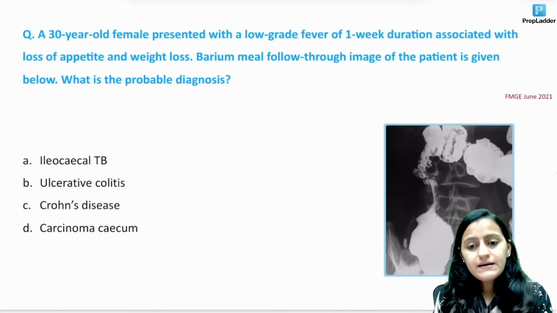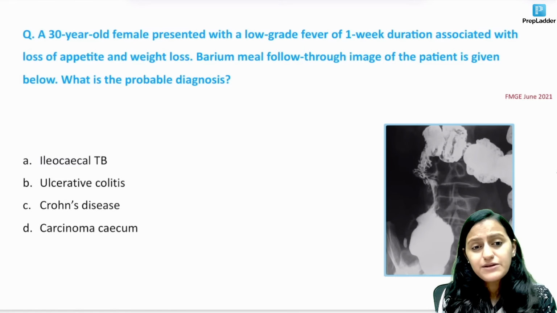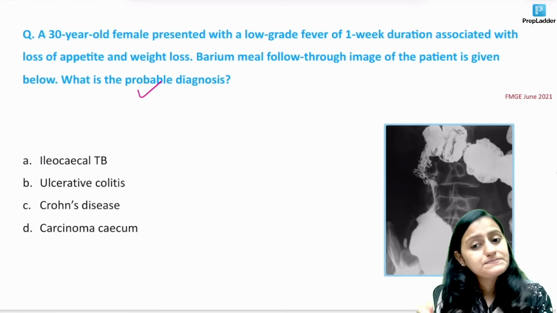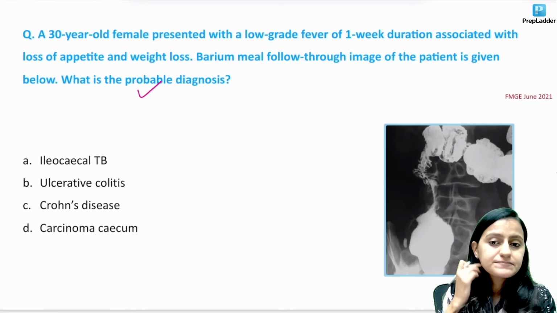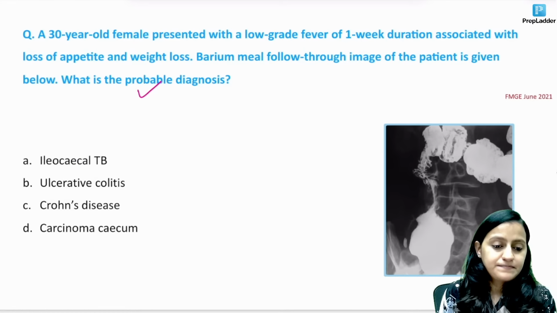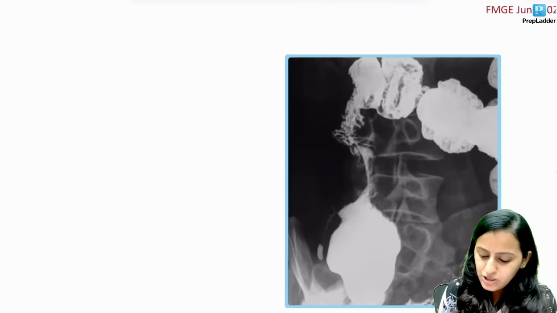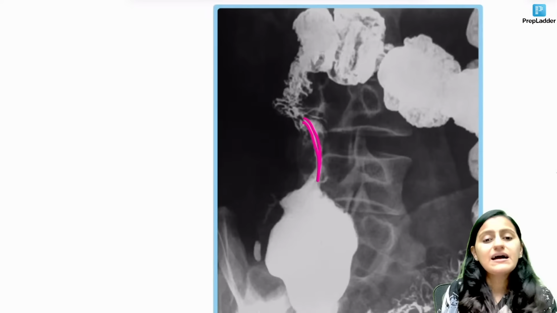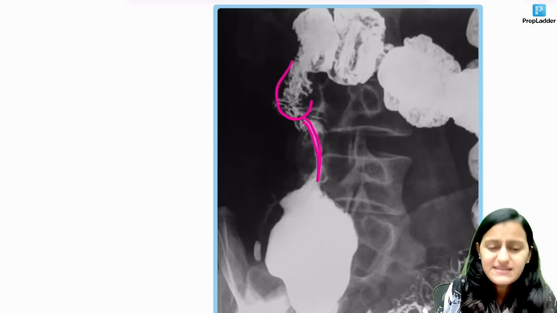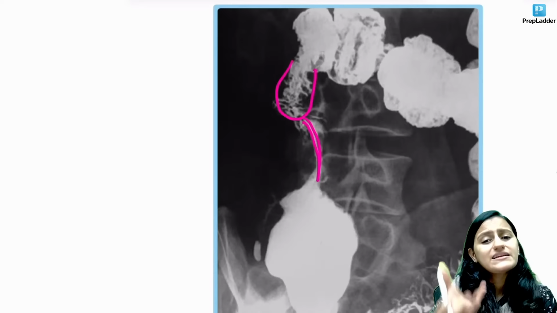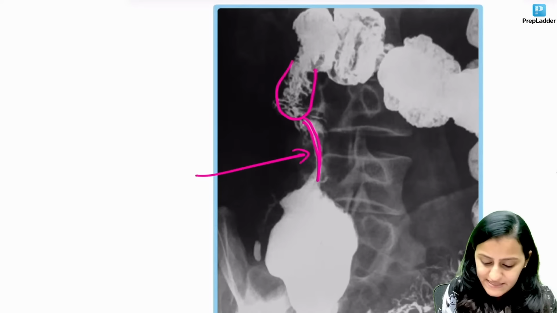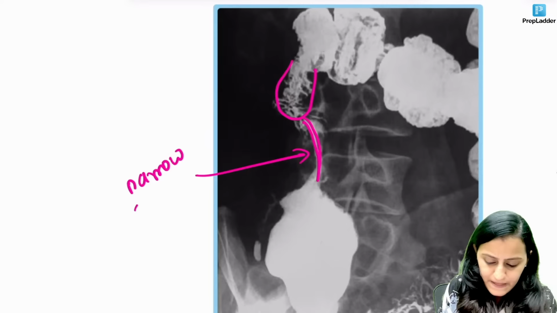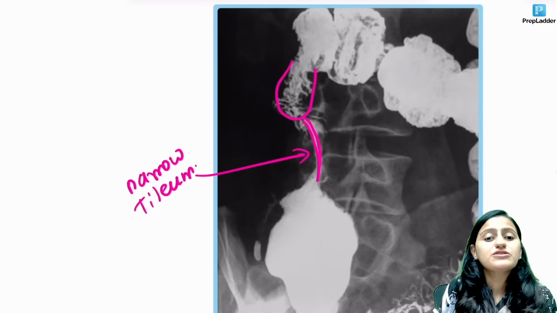Okay. Next one. What are you seeing here? What is the diagnosis? Right. Look at this. This is the terminal ileum, which is narrow, and this is the cecum, which is small, contracted, and it is pulled up. So you have this narrow terminal ileum, basically telling you that is stricture of the ileum, which is called as string sign.